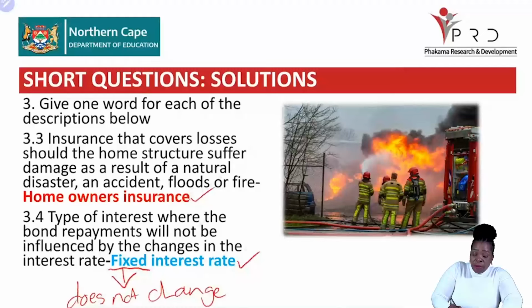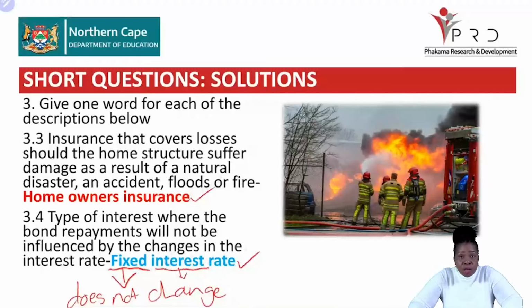And then before we move on, I just want to explain interest to you. What is interest? Interest is the money or the amount that is charged when you borrow some money. So you are charged what we call interest, or we can say it is the cost of borrowing money.